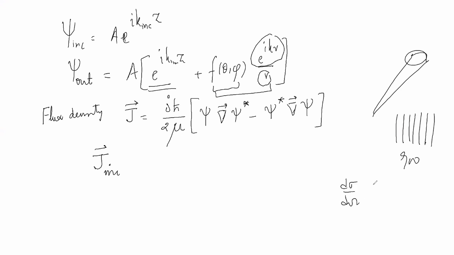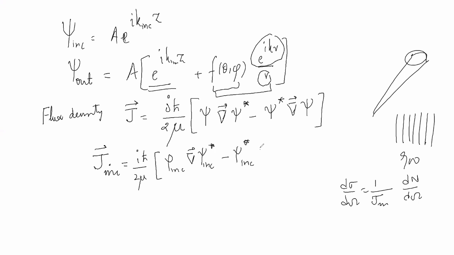Now, mind it, our d sigma by d omega is 1 over j incident dn by d omega. Now, what is j incident? By symmetry, this will be i h cross by twice m, psi incident del psi incident star minus psi incident star del psi incident. What will be j scattered?